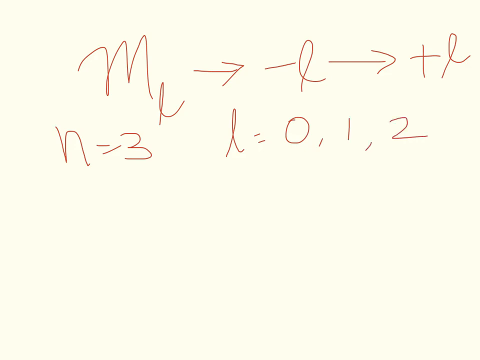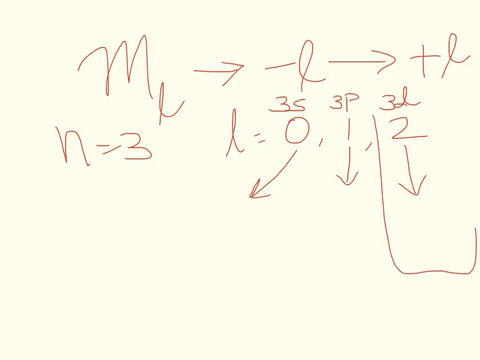Now, each of these will have its own m sub L values. This is the 3s, this is the 3p and this is the 3d, and each of them will have their own m sub L values. m sub L for this would be, remember, negative L to positive L. So for L equal to 2: -2, -1, 0, +1, +2.